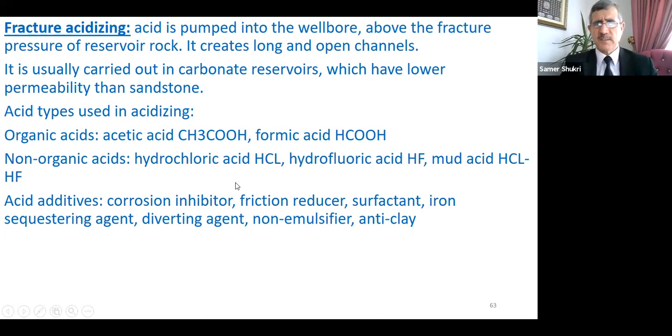For these ones, we have normal and low pressure wells. Additives, we have also corrosion inhibitor, friction reducer, surfactant, sequestering agent, diverting agent, non-emulsifier, anti-clay. All of these I will give you explanation about one by one.